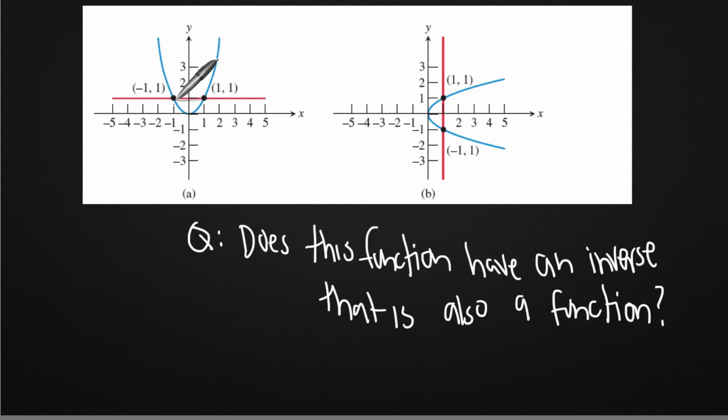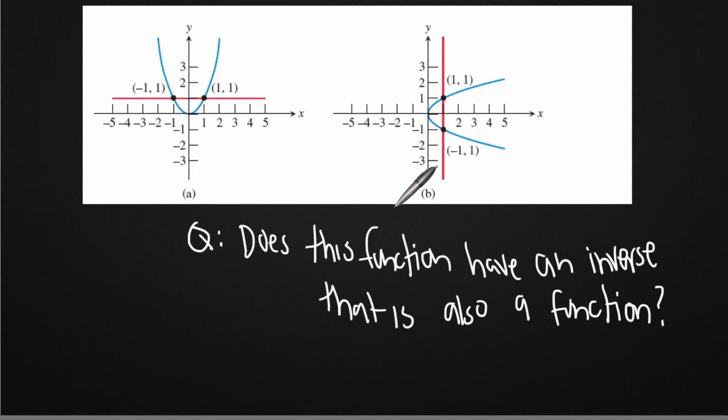And so the idea is that if this function does not pass the horizontal line test, then whenever you draw the inverse of it, the inverse will not pass the vertical line test. So basically the horizontal line test is a way for you to determine whether a function has an inverse that will also be a function.